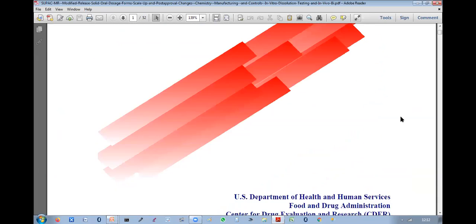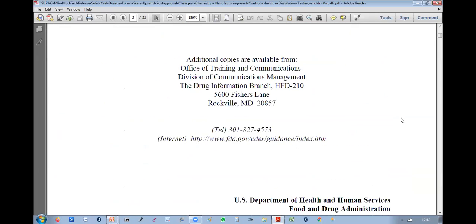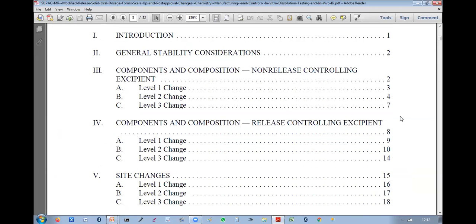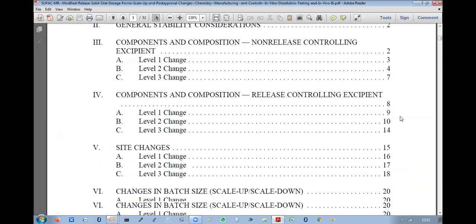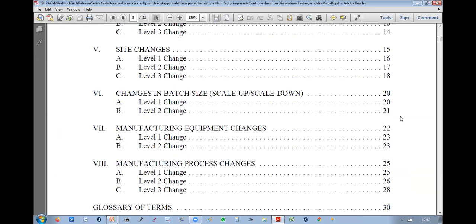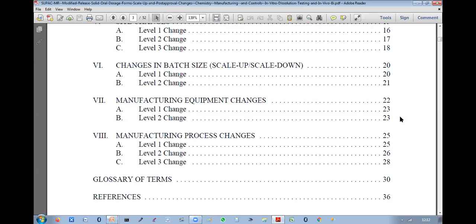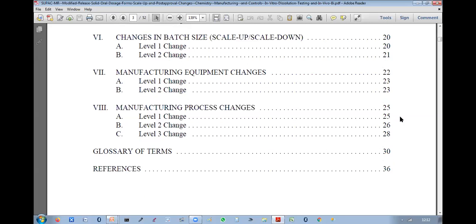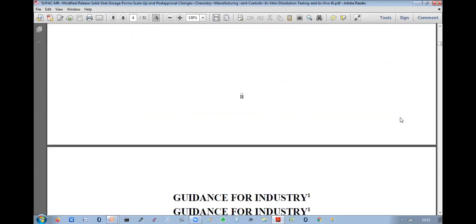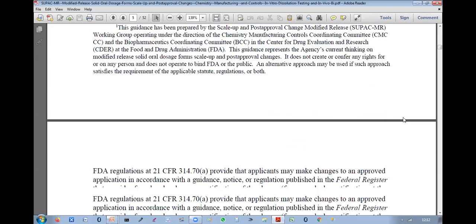You can see that it consists of all the guidelines related with the components, composition at different levels, the release controlling excipients, the site change, the batch change, and the manufacturing equipment change along with the process change. It will contain the detailed information related with all these.